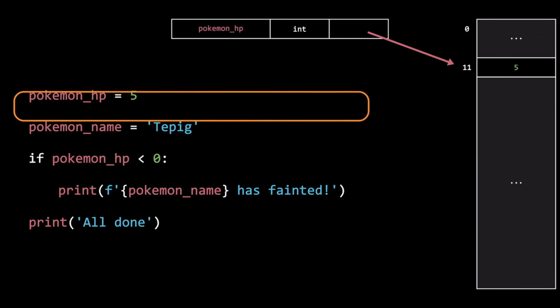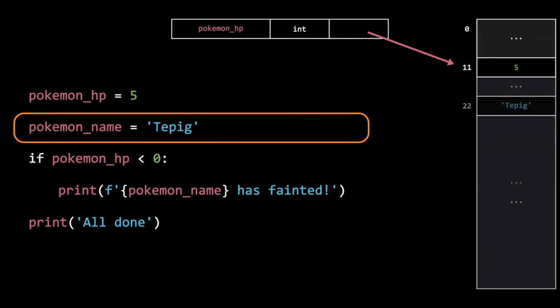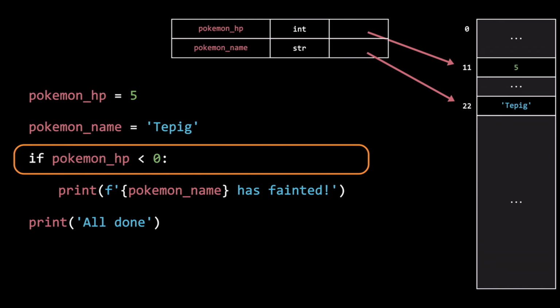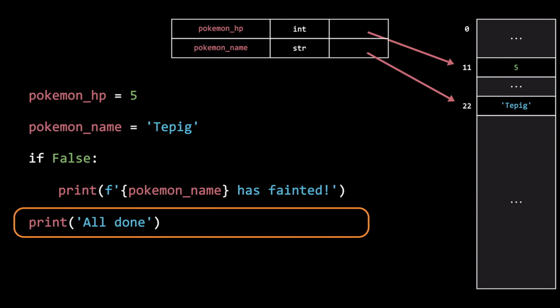We have another variable, Pokemon name, set to Tepig. And the condition is that Pokemon HP is less than 0. That condition is false. So the body of the if statement, the print statement that you can see being skipped over here, is not going to be executed.